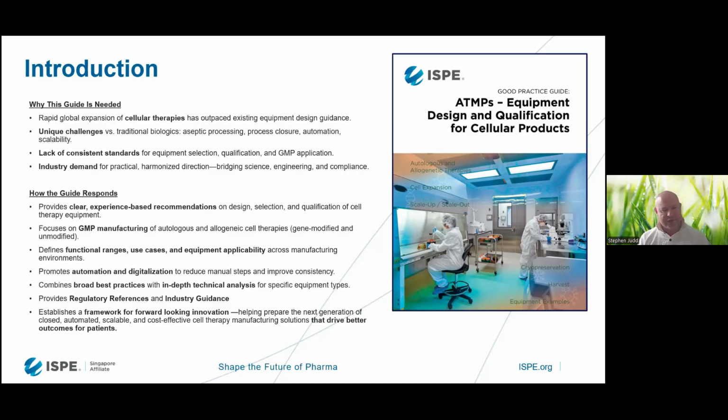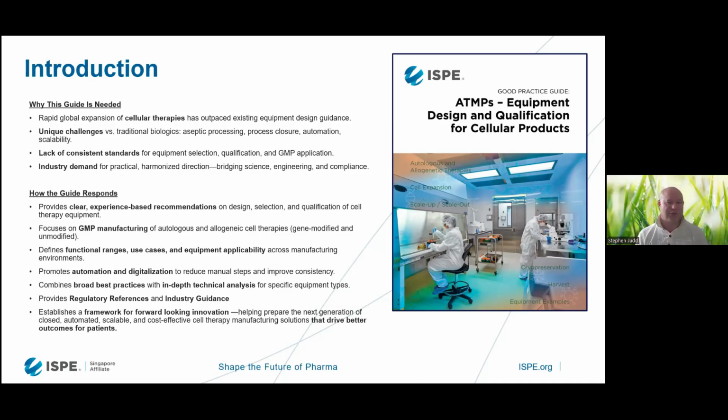So one of the things to highlight about this guide that is a little bit different than any of the other ISPE guides that you might read is that there is a significant amount of process equipment actually listed in this guide. And the manufacturers and the models are highlighted for each of those pieces of equipment.